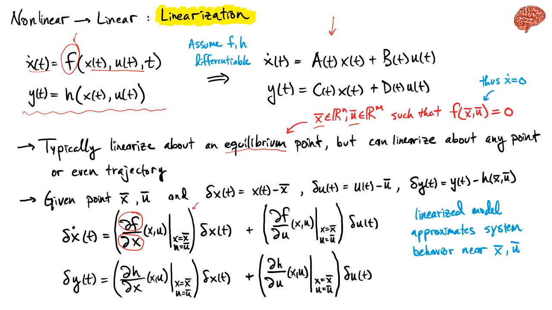So you can think about f as being a function that has f1, f2, up to fn different entries inside it. When we compute this matrix right here, we're going to be computing elements like df1 over dx1. That's the first element of the function with the derivative of the first state.